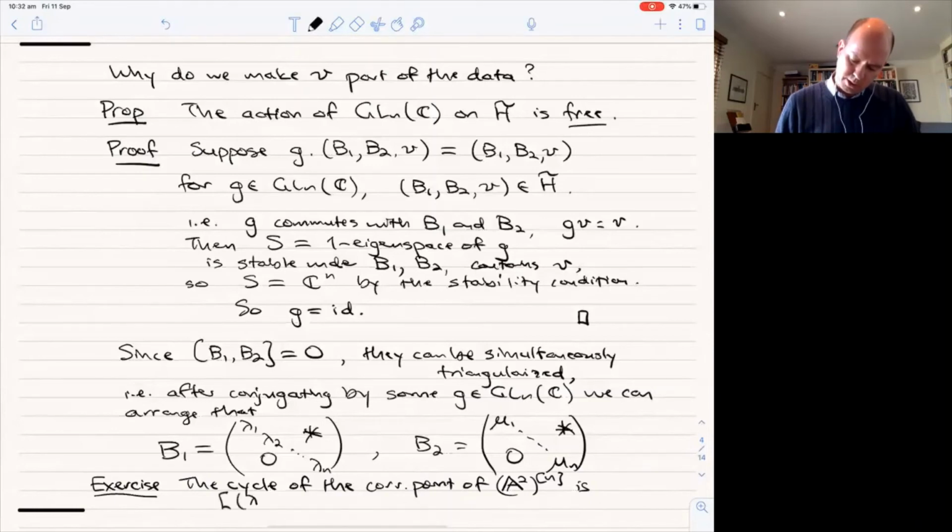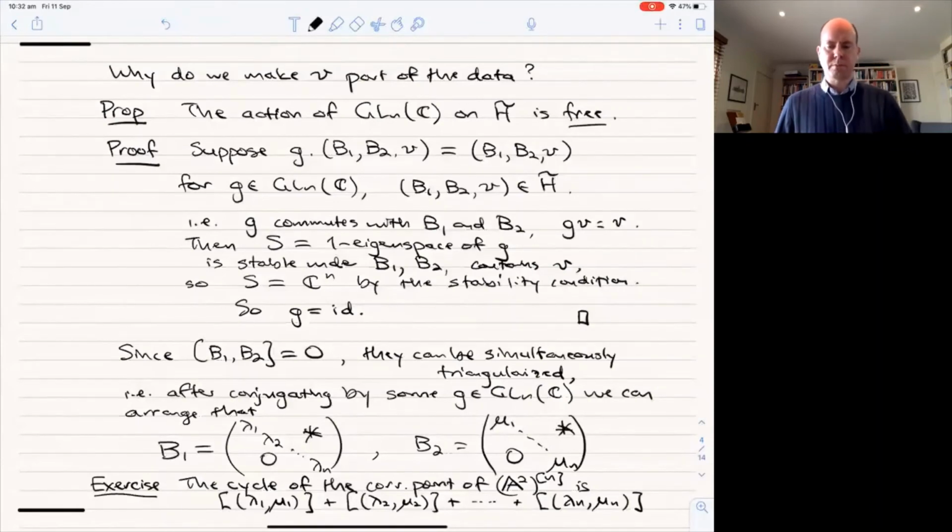So you have the point (lambda 1, mu 1), and you have the point (lambda 2, mu 2), and (lambda n, mu n), and so on. If you unravel all the definitions, this is not too hard to see. That tells you what the Hilbert-Chow morphism looks like in these terms.